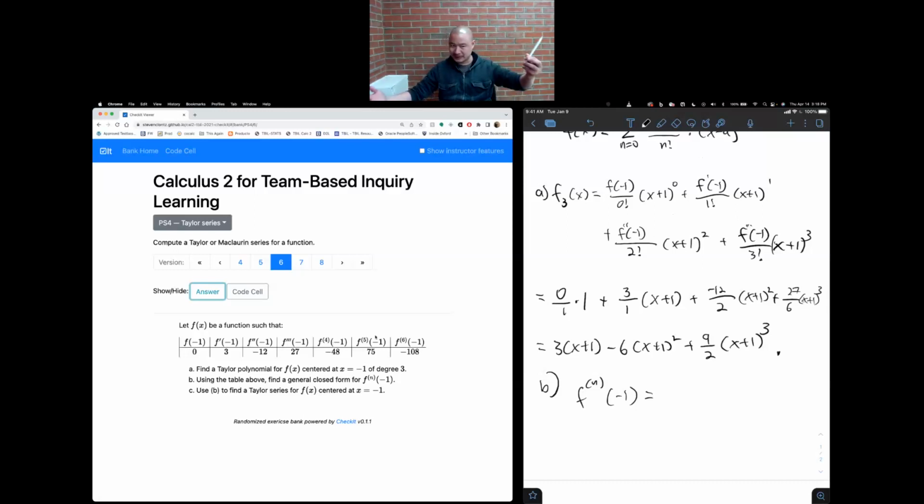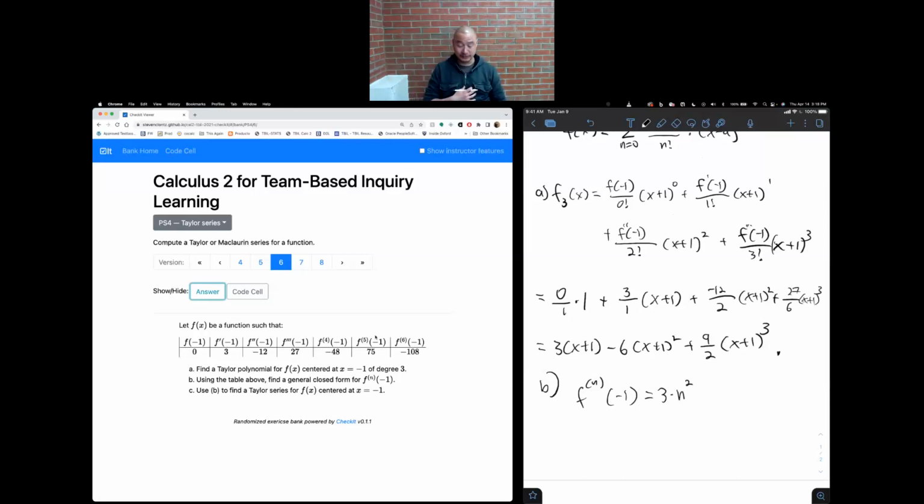So some observations: 0, 1, 4, 9, 16, 25. These are the square numbers, right? And then we're alternating signs: starting with 0, and then positive, negative, positive, negative. So it seems like first of all, there's this 3 involved.